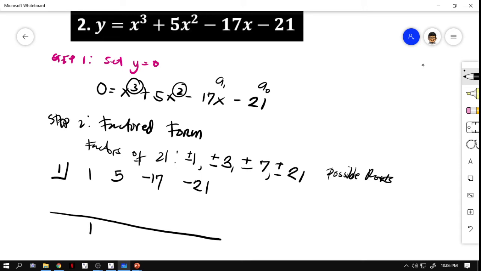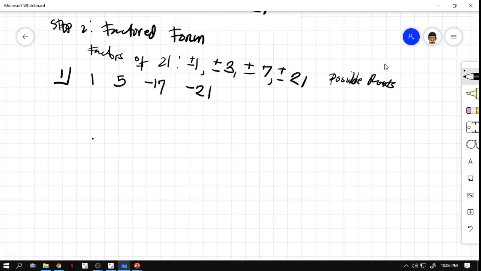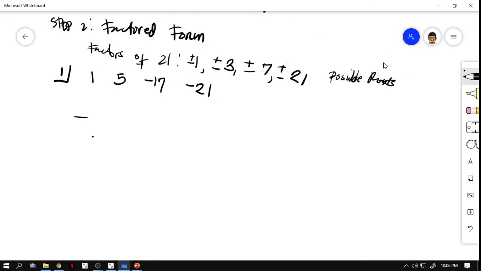Okay? 1 times 1 is 1. 5 and 1 is, ayusin ko lang itong line ko dito. Adjust lang natin nang konti. Okay, bring down 1. 1 times 1 is 1. 5 and 1 is 6. 6 times 1 is 6.